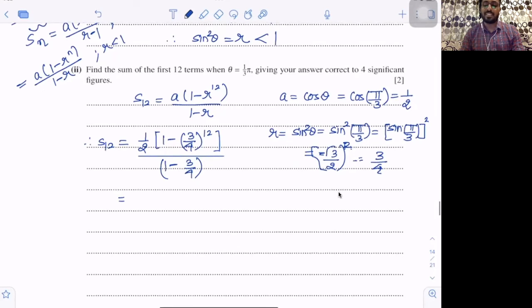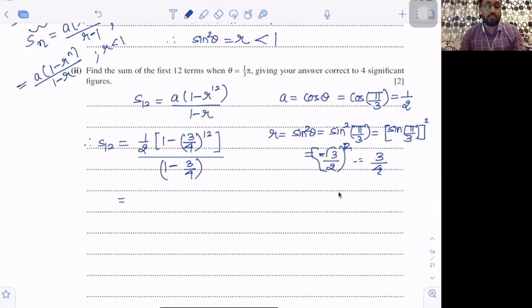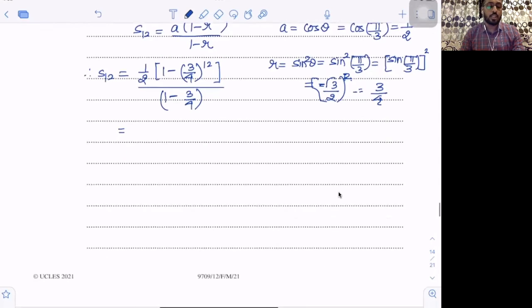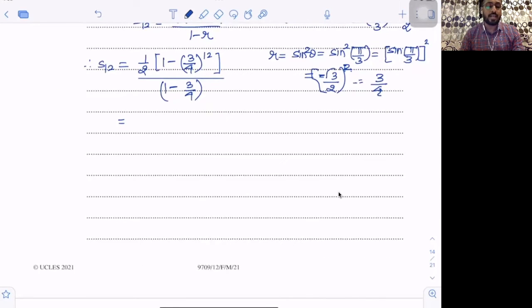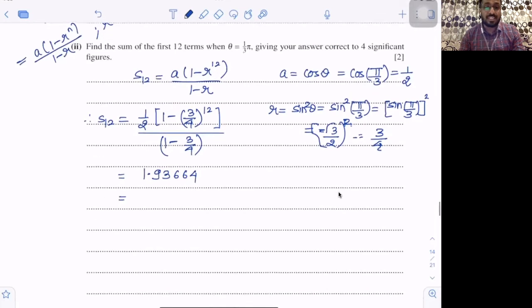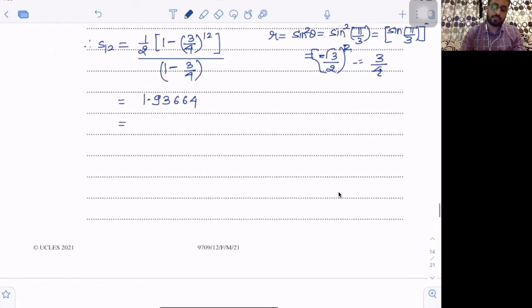1.936647296. Question says up to 4 significant figures, right? The question demands up to 4 significant figures. So I'll write 1.93664. So for 4 significant figures, my answer would become 1.937.